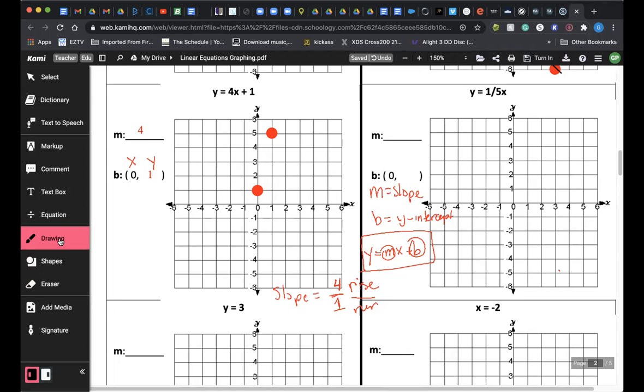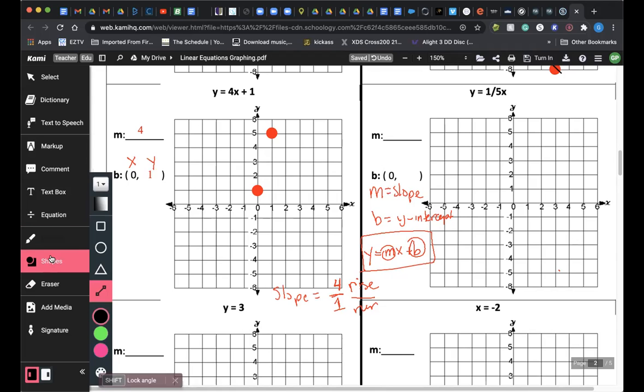So I'm going to go back to my shapes tool, select the line function, insert line, and connect these 2 points together to make my line. Might make it a little bit longer just for fun. That's my line.